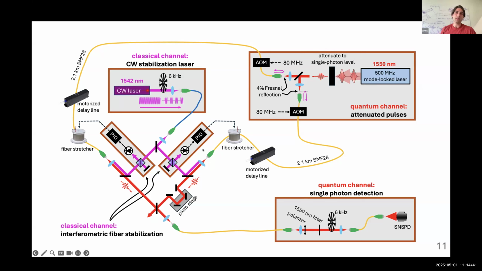So I limit the feedback bandwidth of the PID controller. This is an FPGA based servo, so we have quite a bit of control over it. I can limit the bandwidth to a few kilohertz.